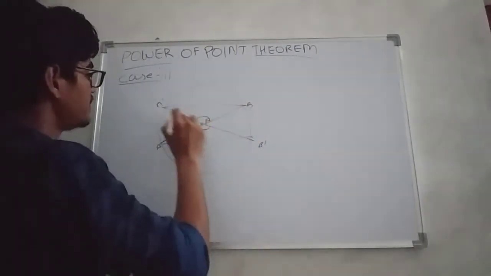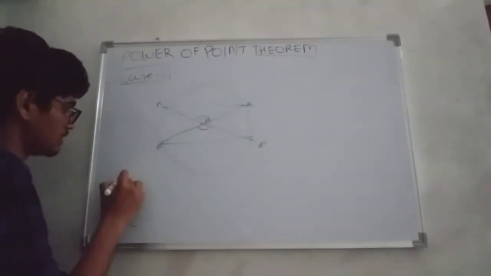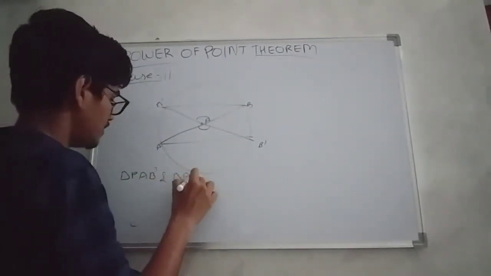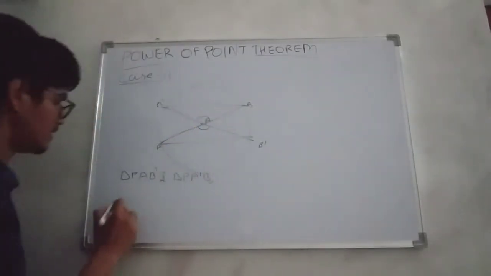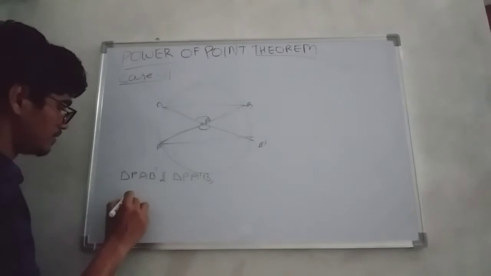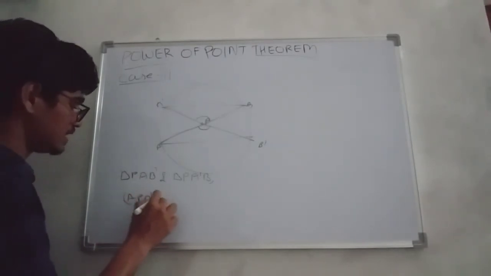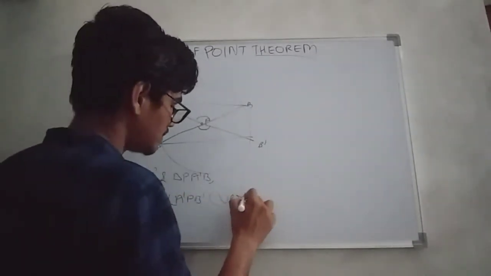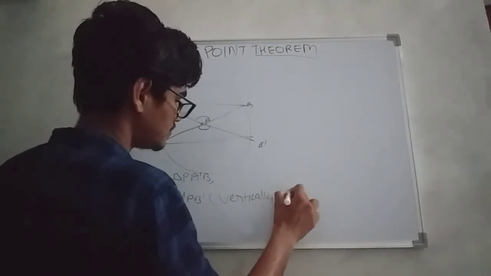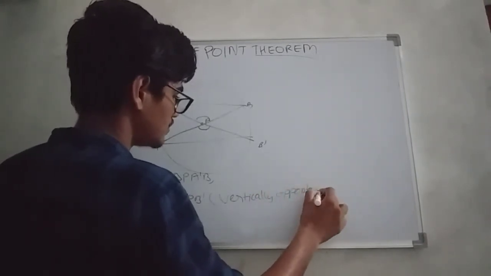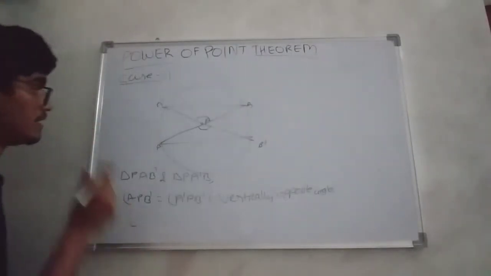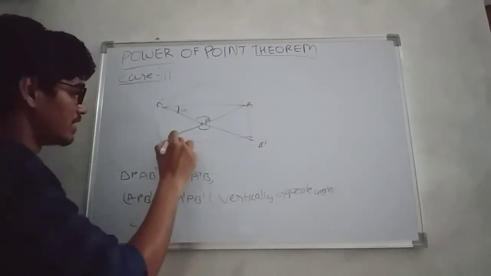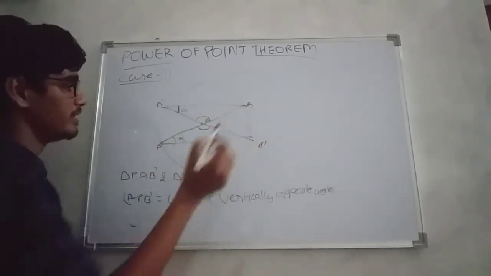So angle APB dash is equal to angle A dash PB because they are vertically opposite angles. This angle cuts the arc BB dash and this angle also cuts the arc BB dash.